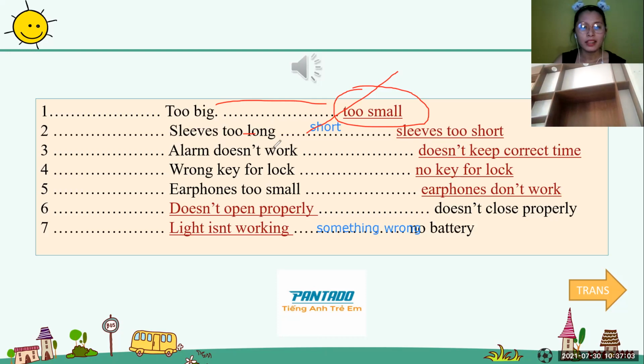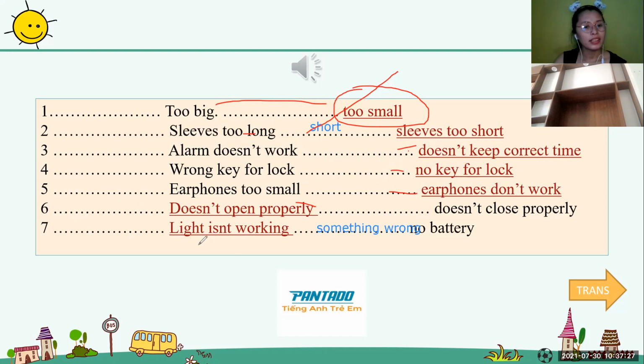And then for number three, the alarm doesn't keep the correct time. That's the problem. Okay, and next one, there's no key for the lock. And the fifth one, earphones don't work. For the sixth, it doesn't open properly.